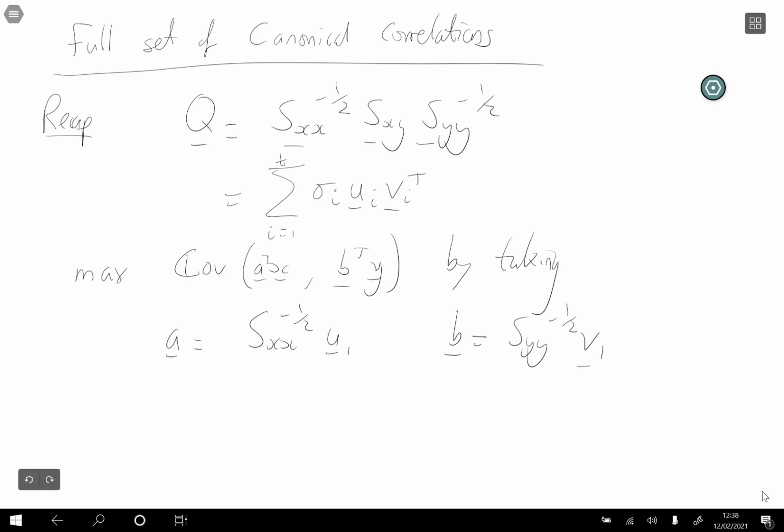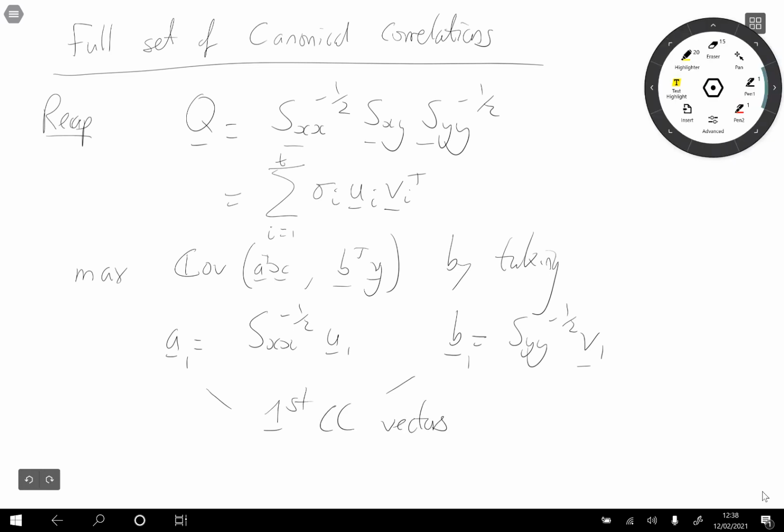And I'm going to call that A1 and B1 to indicate these are the first CC vectors. So what we're going to do now is think about the second pair and the third pair and so on of CC vectors, of canonical correlation vectors.